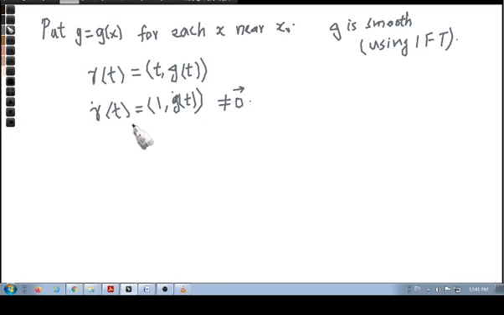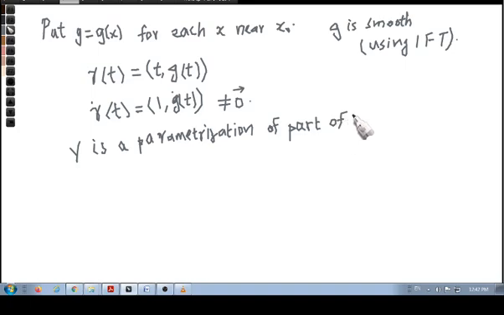This gamma is going to be regular because the derivative is non-zero, and this is going to be a parameterization of part of C containing the point P. So this completes the proof of this theorem.